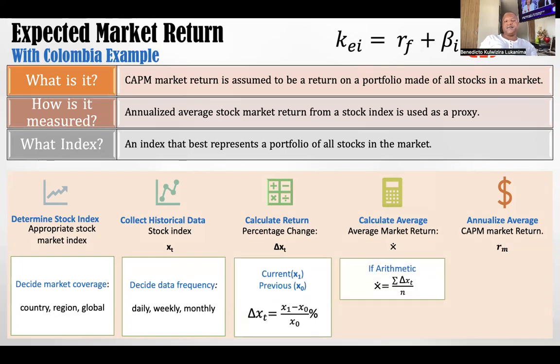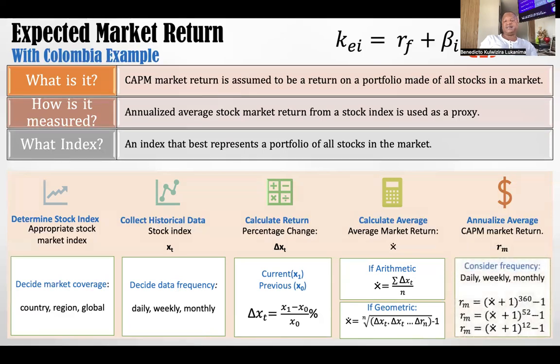And then we'll calculate the average. Average can be arithmetic or geometric. The arithmetic average is a simple average. It simply means the sum of all the returns divided by the number of observations in the sample. And the geometric simply means the product of all the returns in the sample, to the power of one over the number of observations, minus 1. We add 1 to the returns to remove negativity in the data, because the geometric average does not work with negative values.